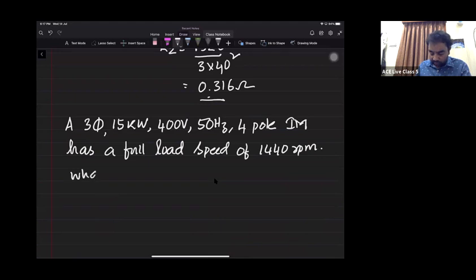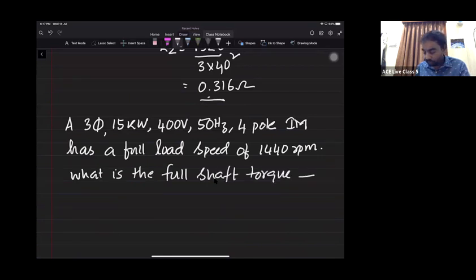What is the full load shaft torque? Shaft torque. Now, how to find out this answer, right?